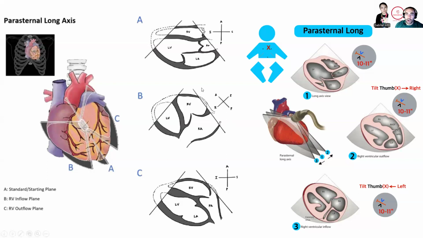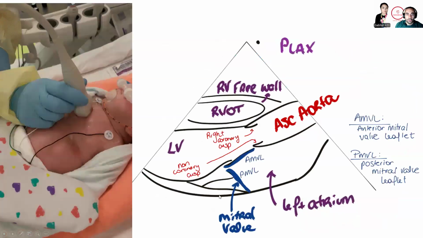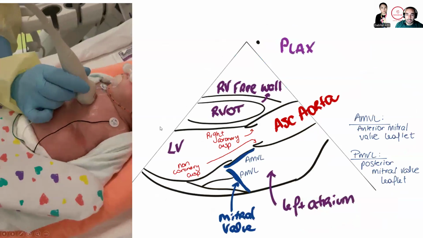As you go more posteriorly, what you see is the inflow portion of the right ventricle, as well as the right atrium. And as you go more anteriorly, one of the most anterior structures is the right ventricle, its outflow tract, the pulmonary valve, and eventually the main pulmonary artery. Okay. So we will talk about the different views now looking at echo examples.